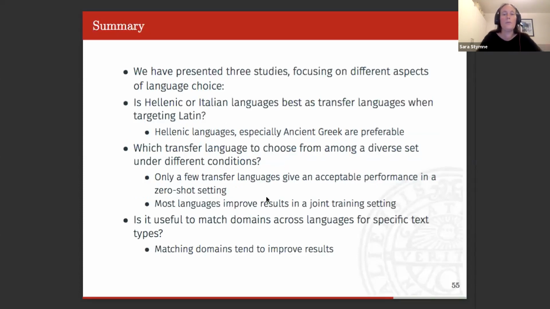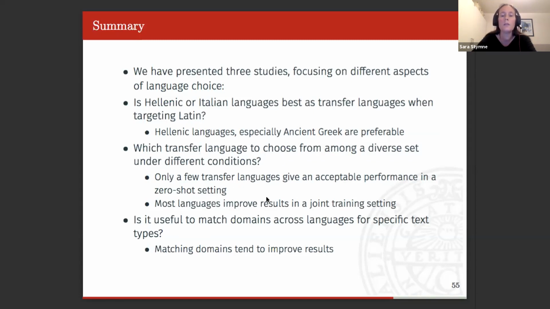So to sum up the full talk, we have presented 3 studies that focus on different aspects of language choice. In our first study, we investigated whether Hellenic or Italian languages are best as transfer languages when targeting Latin. And we found, as Antonia told you, that Hellenic languages, especially Ancient Greek, are preferable. In the second study, we investigated which transfer languages to choose from among a diverse set of languages under different conditions.